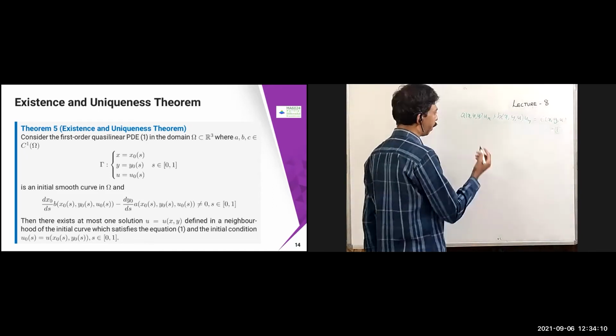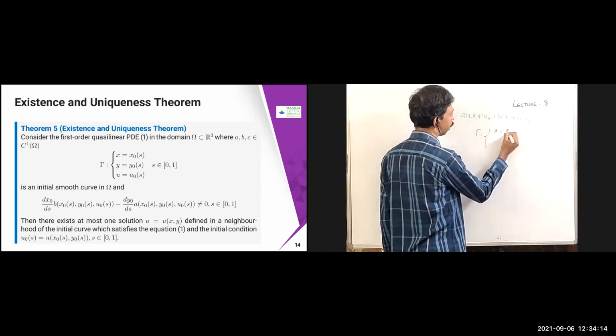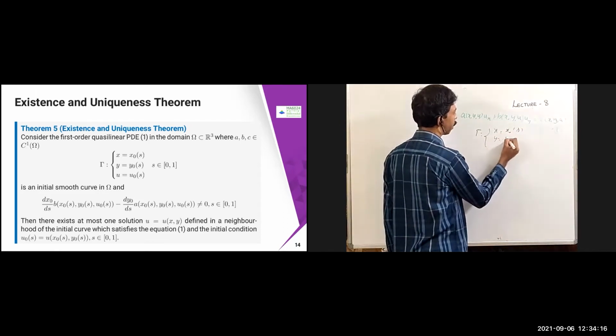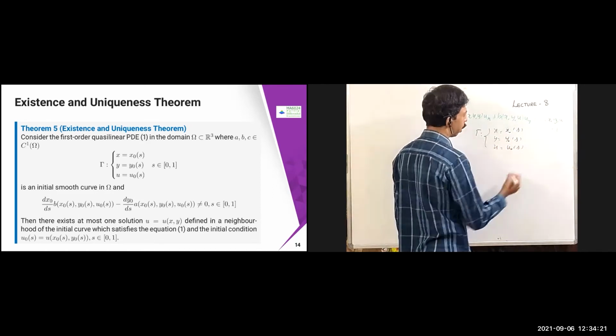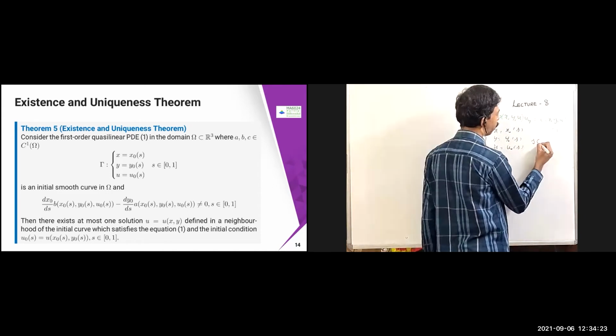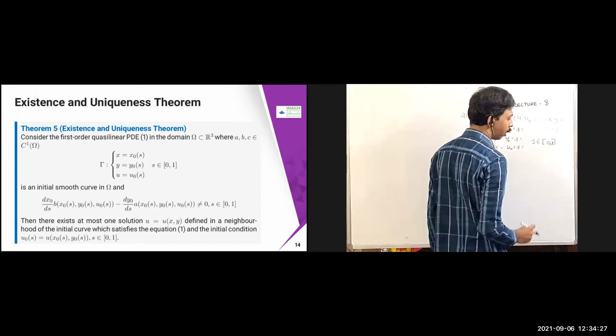And I'm defining this gamma. Gamma is nothing but x equal to x naught of s, y equal to y naught of s, and u equal to u naught of s. This is key. In this problem, I'm going to stick to s belonging to [0, 1] for gamma. We are not going to take anything else. You can transform that.